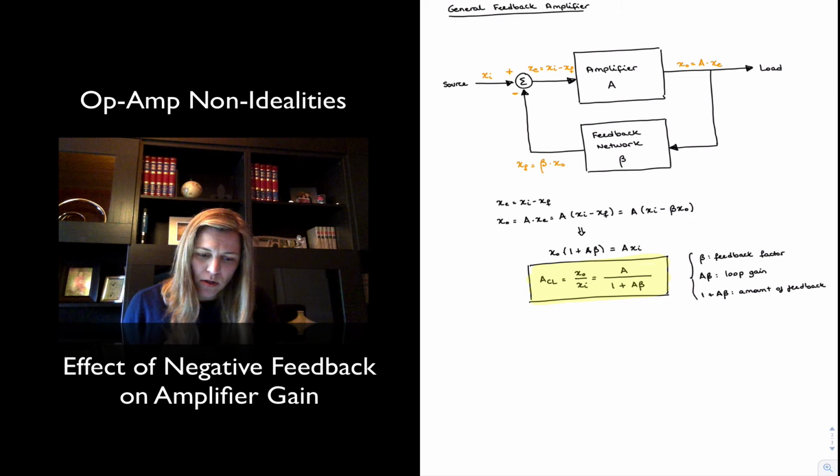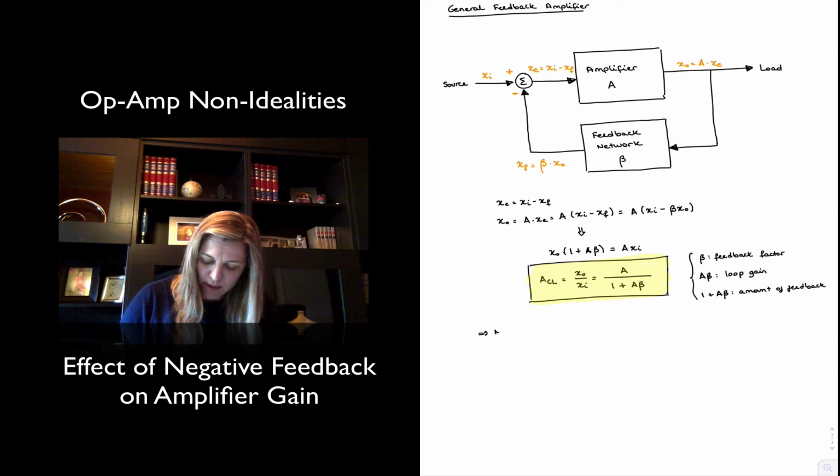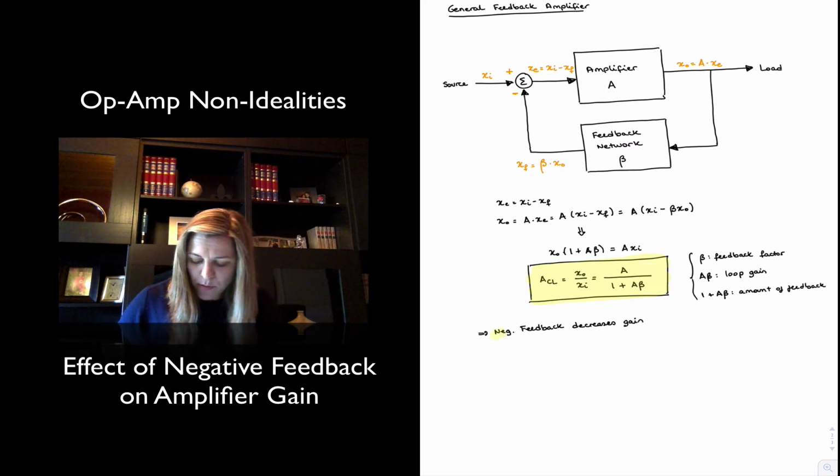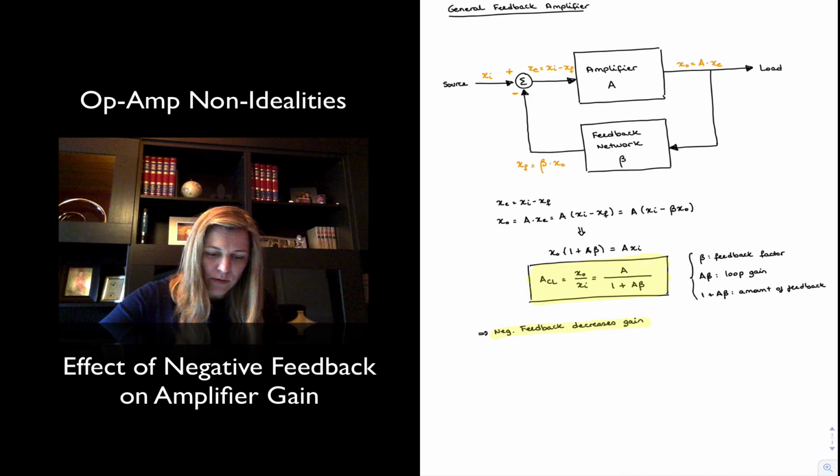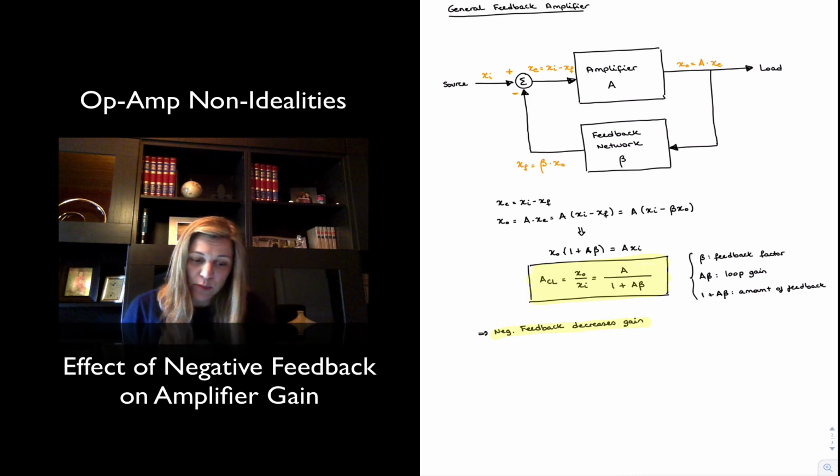Okay. So we can see already the first effect to note, and that is that adding negative feedback decreases the gain. And again, that's an important result, but we can take a closer look at this expression.